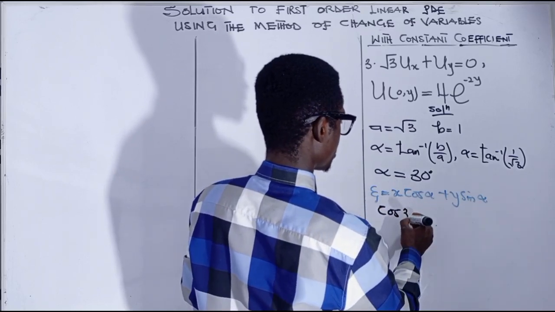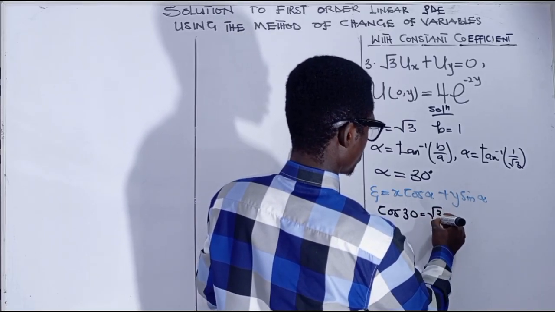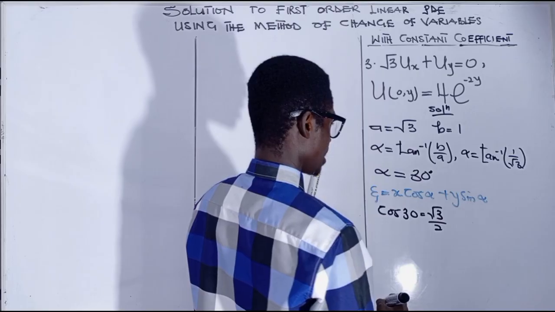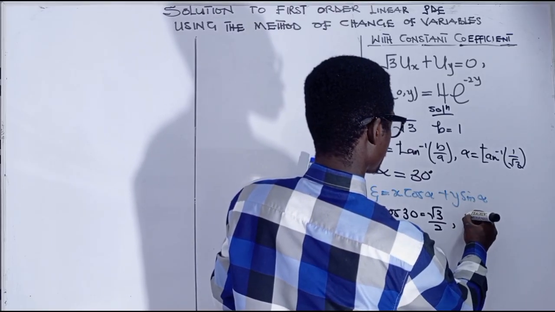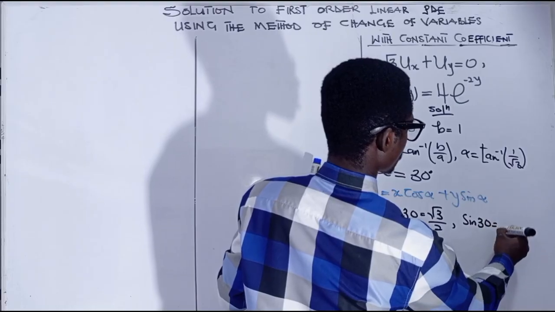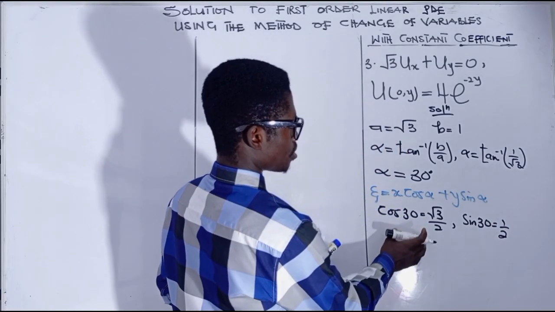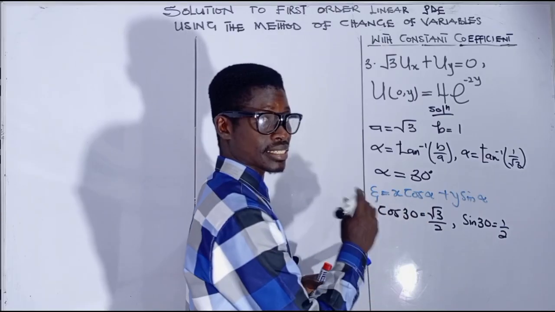So we have cos 30 degrees is going to give us what? Root 3 all over 2, and then sin 30 will also give us what? 1 all over 2. So once we have this, we are just going to plug it into this to find what? Xi.